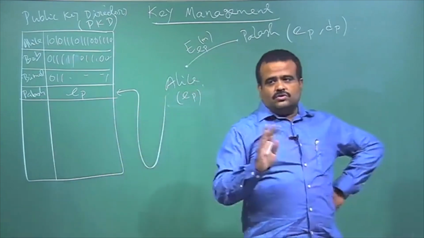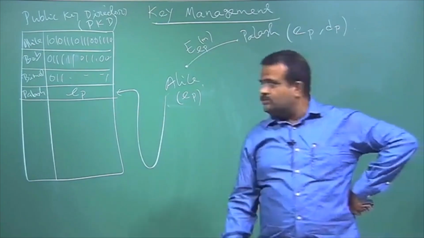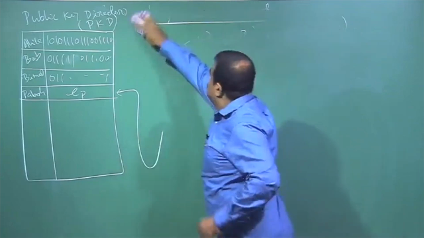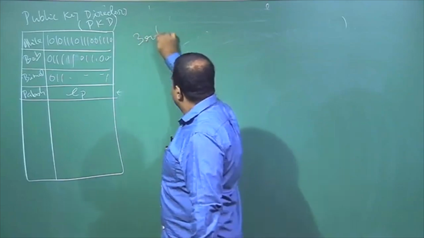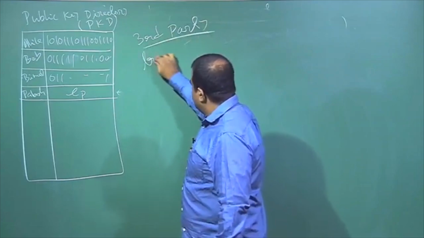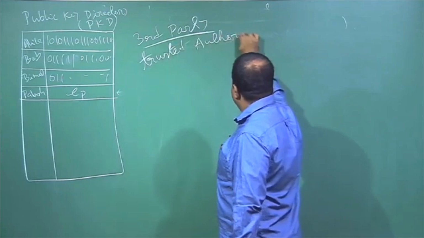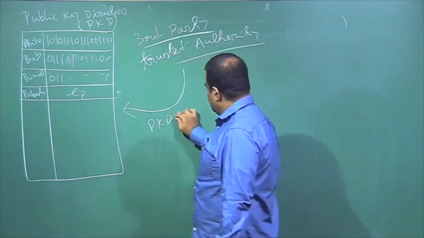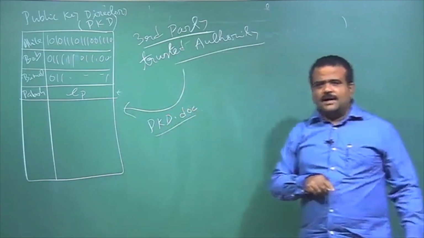Then what is the solution? The solution is we can hire a third party, an authority or trusted party, who can maintain this. A trusted authority who can maintain this file, pkd.docs.